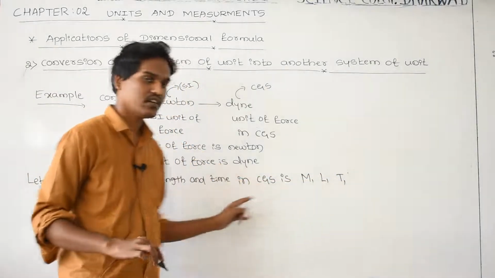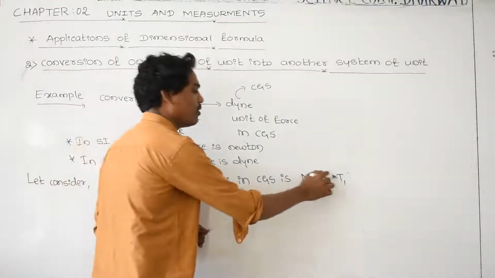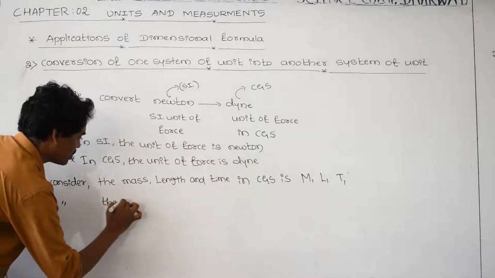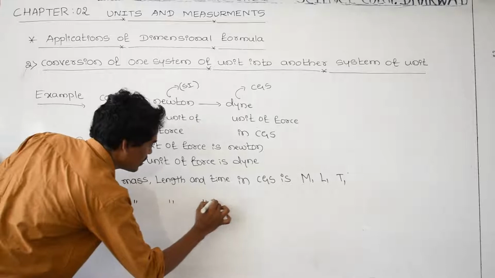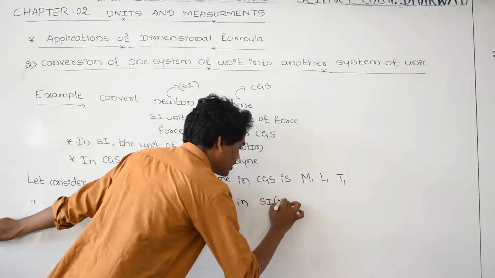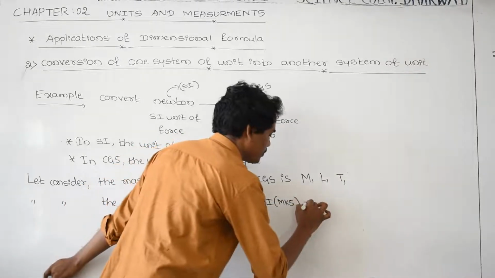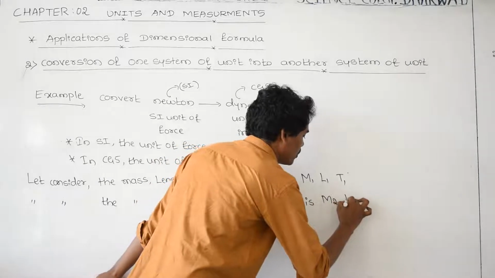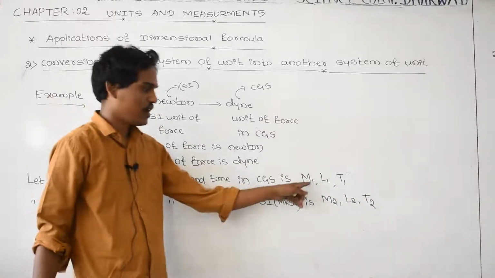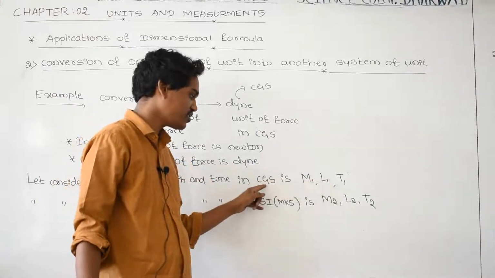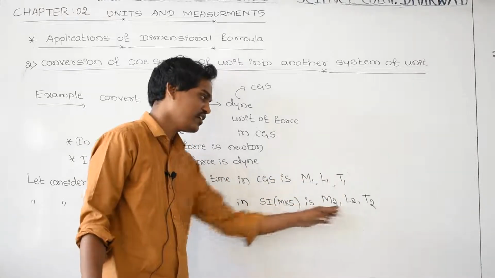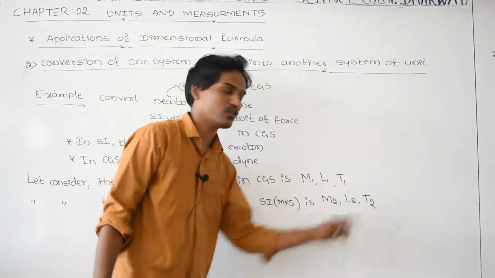Length. What is T? Time. And let us consider the mass, length and time in the MKS system, meaning the SI system, as M2, L2 and T2. This is mass, length and time in CGS, M1, L1, T1. It is mass, length, time in SI, M2, L2, T2.